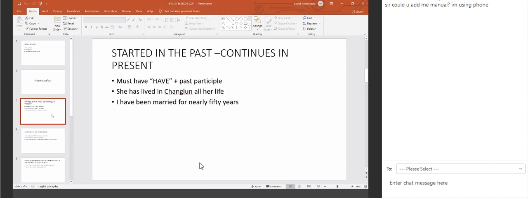Another example: I have been married for almost 50 years. So for example, this person got married in his early 20s, at 25, and now it is 50 years later, at 85 years old. So he got married in the past and is still married to the same person, right?